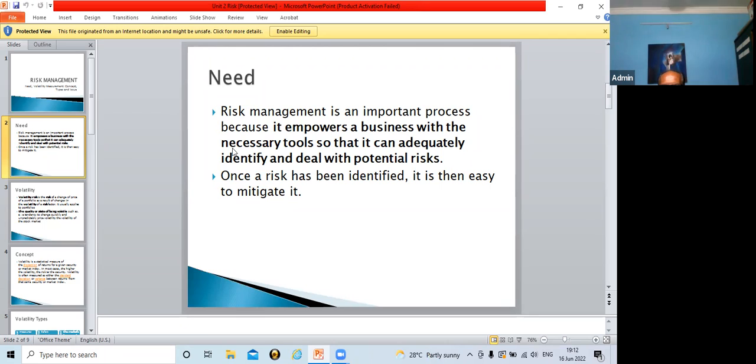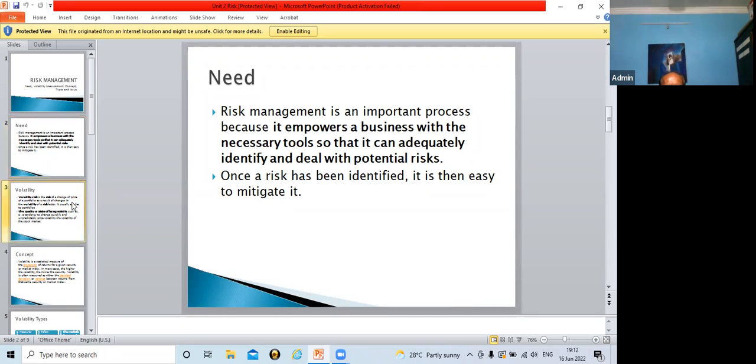These are some financial tools which we can use to identify the potential risk, and that is why we need to study risk management. Once a risk has been identified, it is then easy to mitigate it. So first you have to identify risk, and then only we can minimize the impact of risk.